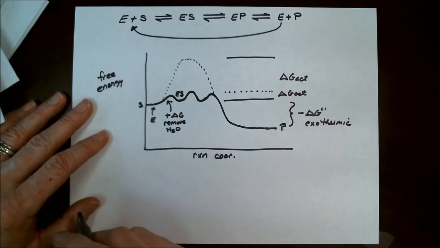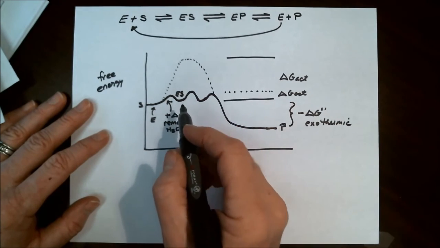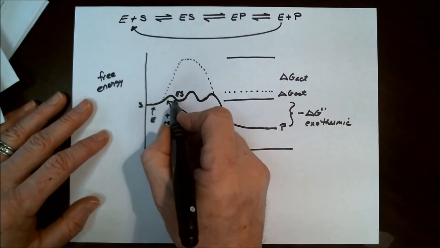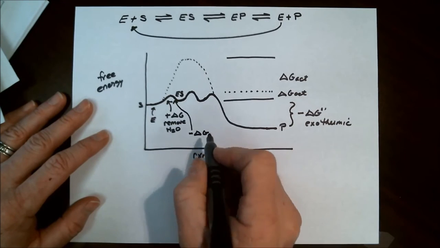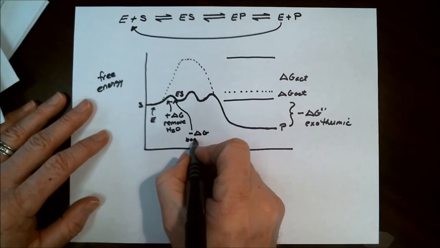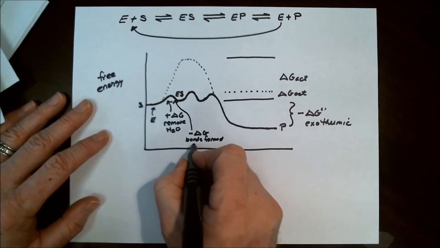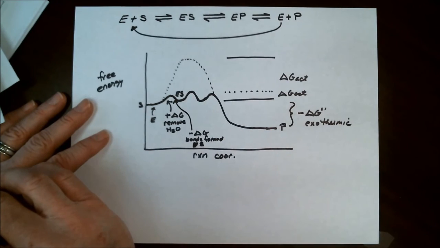Now once the substrate enters the enzyme pocket, then it reforms bonds with the enzyme. And here we have a negative delta G. And these are bonds formed between the substrate and enzyme. That, of course, is exothermic.